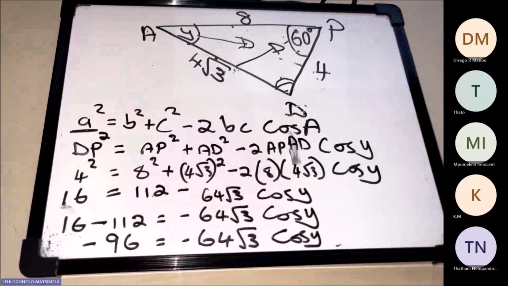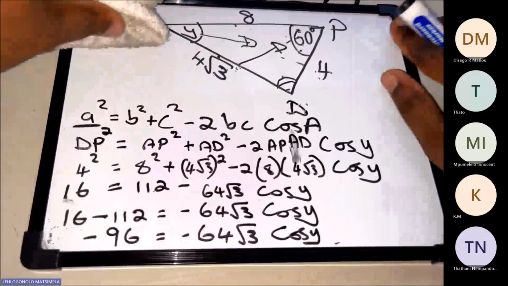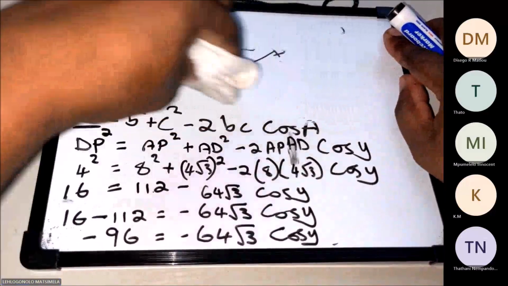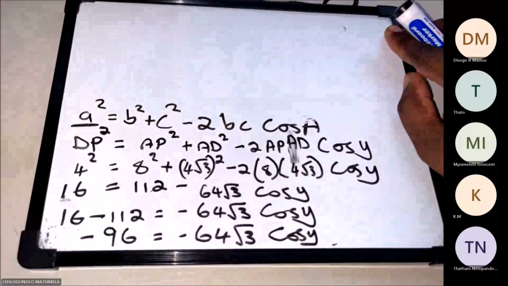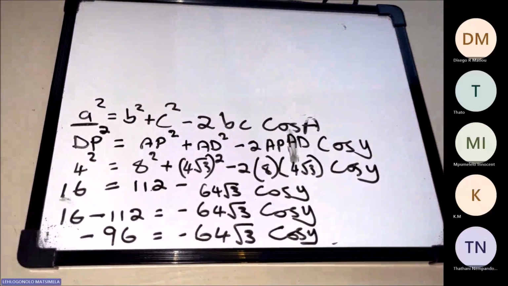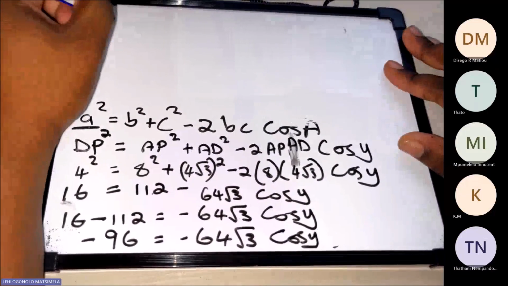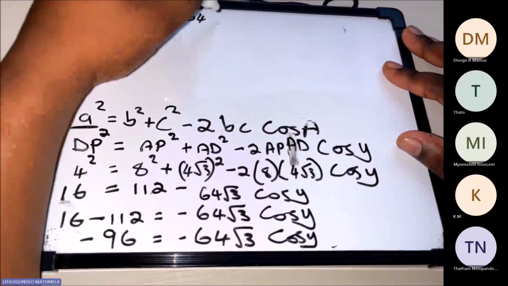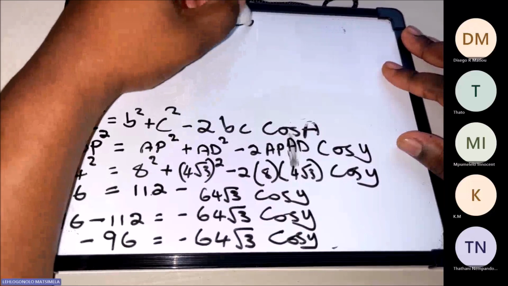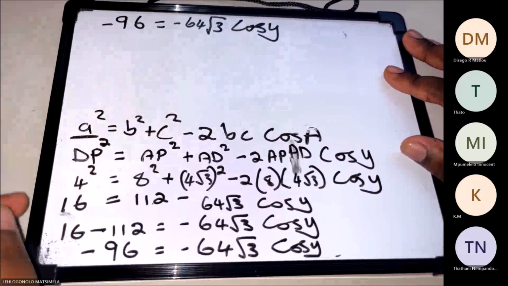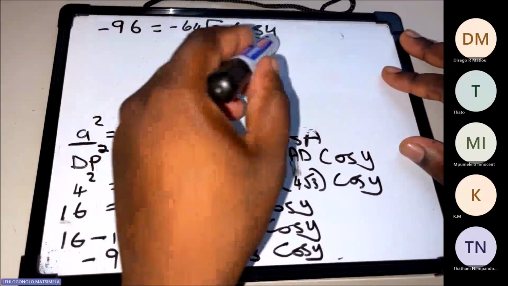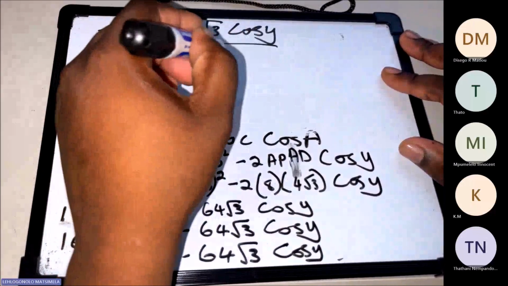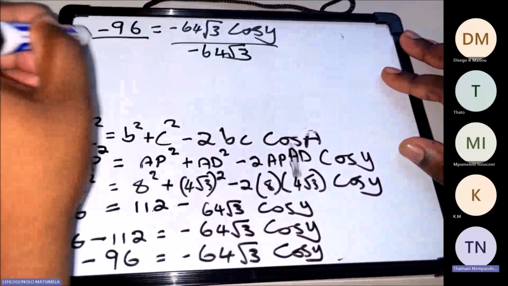I wrap again, leaving only my triangle, and then I will rewrite negative 96 is equal to negative 64√3 cos Y. Then I divide both sides by negative 64√3.